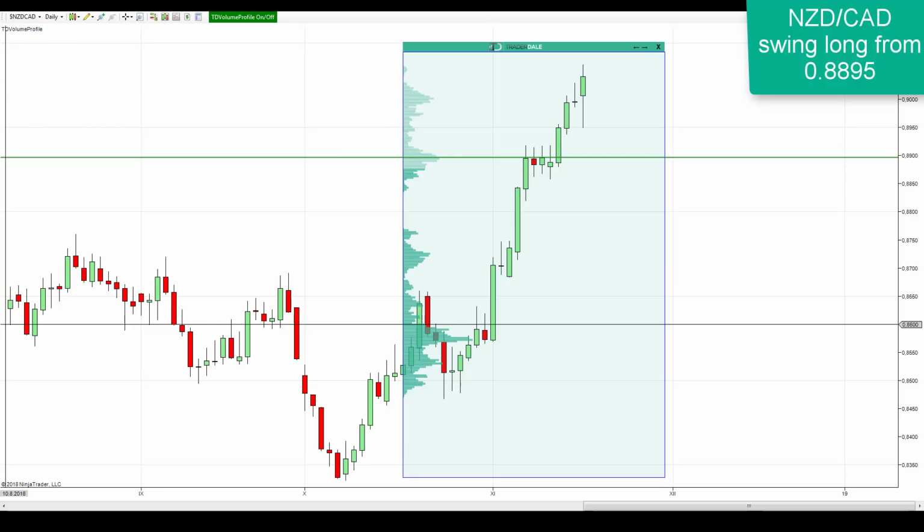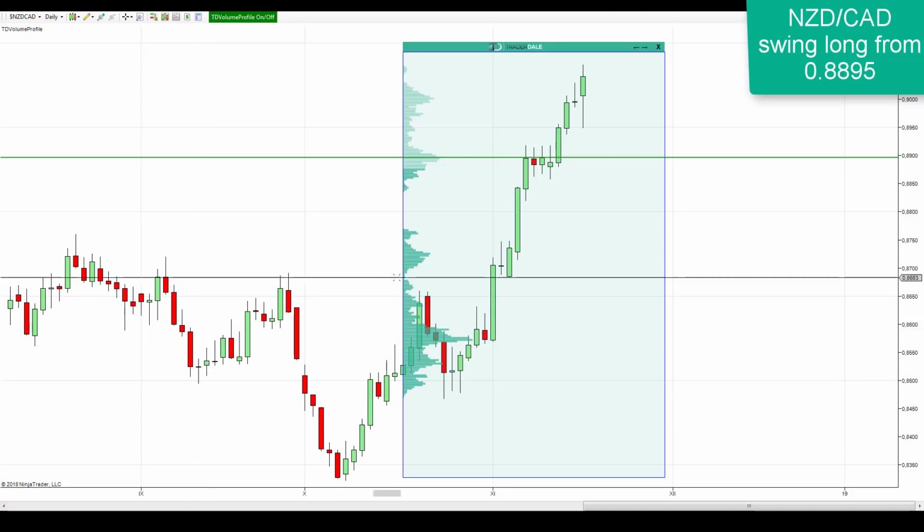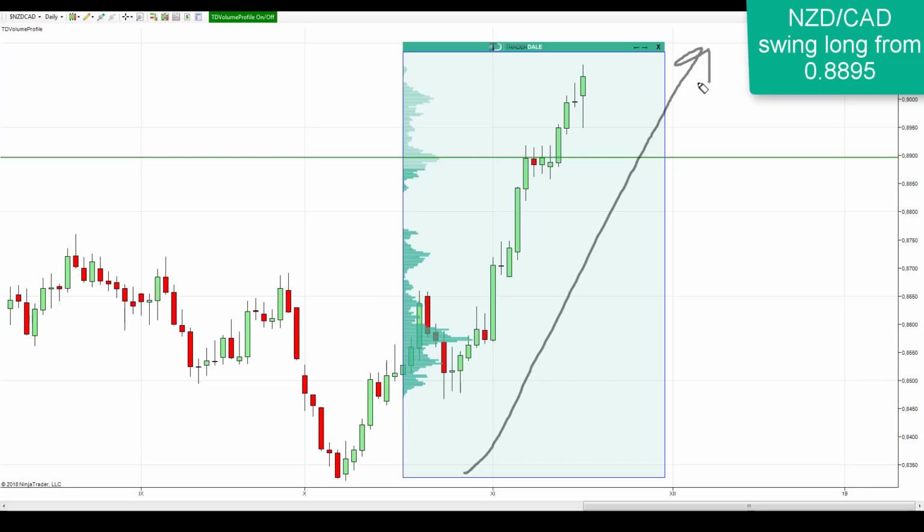Alright, so the last level I'm going to show you in this video is on the New Zealand dollar, Canadian dollar. Again, this is a daily chart, and there is a strong buying activity on the New Zealand dollar, Canadian dollar, alright? And in such cases, I look for volume clusters which were created within the trend. In this case, there is a significant volume cluster right there.